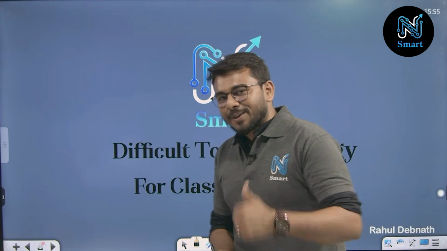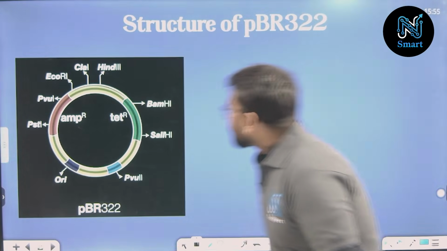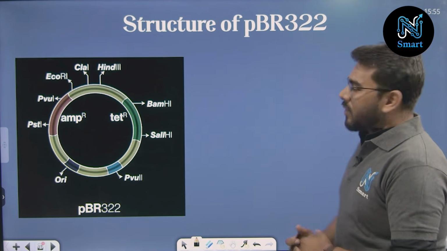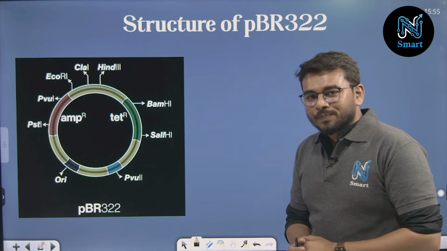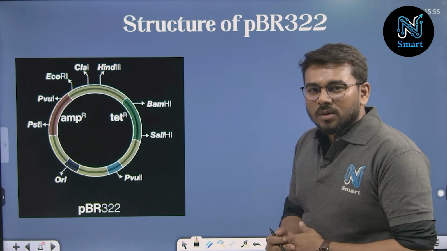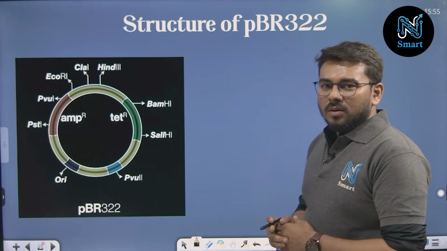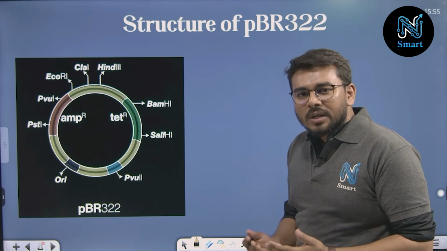Have a nice journey. Very first, see the structure of PBR322. P is for plasmid as the vector, and B and R are Bolivar and Rodriguez, two scientists.